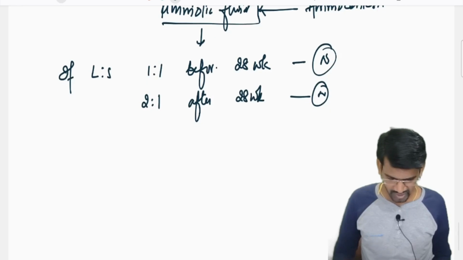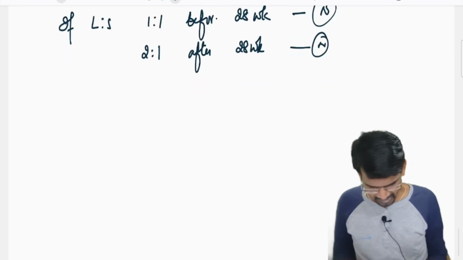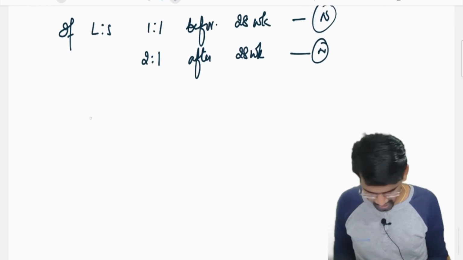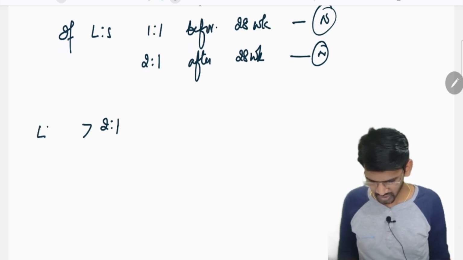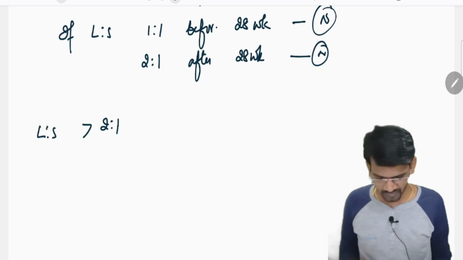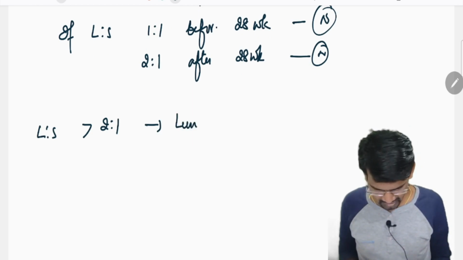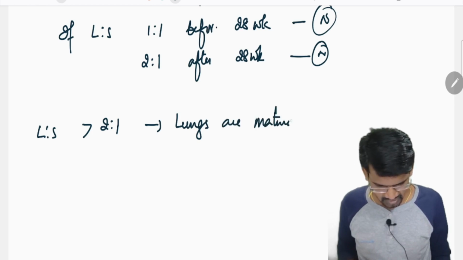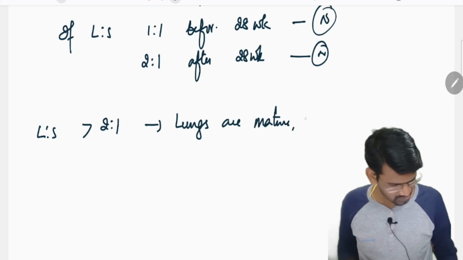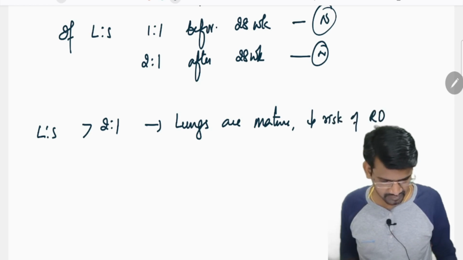So how do you interpret the LS value in the baby? If the ratio is more than 2 to 1, we consider that the lungs are mature, with a very low risk of RDS.